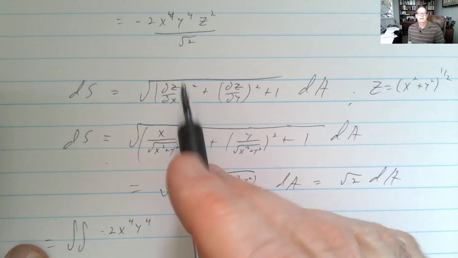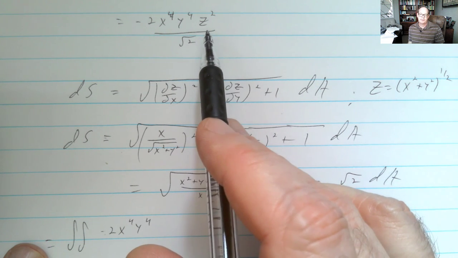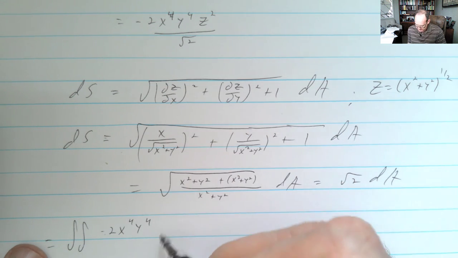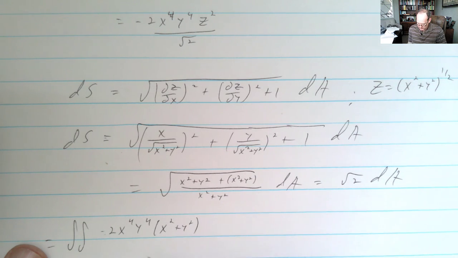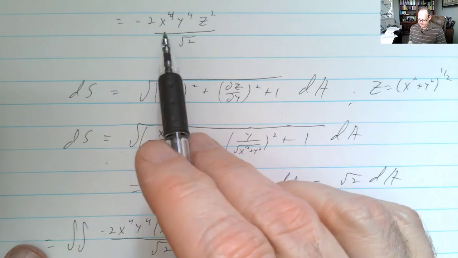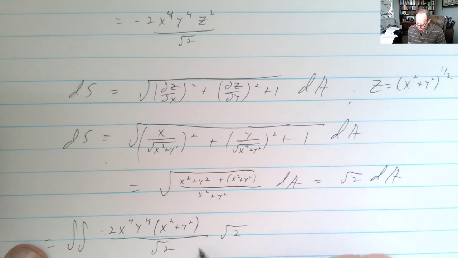So we're integrating this, and I can only have the two variables. Everywhere on the surface, what does z squared equal? X squared plus y squared. We divide by root 2. So that's F dot n. dS is root 2 dA. Those will cancel.